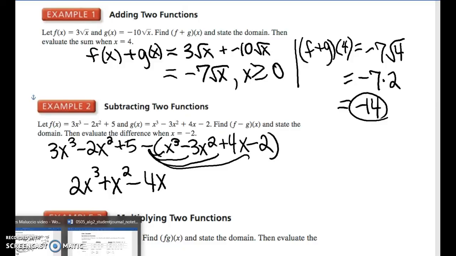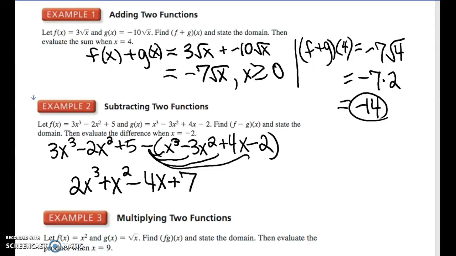And I have 5 minus 2, minus a negative 2, which becomes plus 7. This is my f minus g of x, and my domain is just all real numbers, so from negative infinity to infinity, because we can plug any number in for x here, and it's going to work.